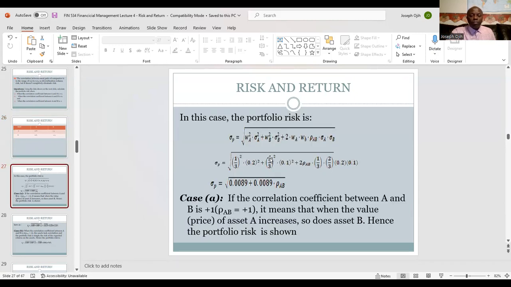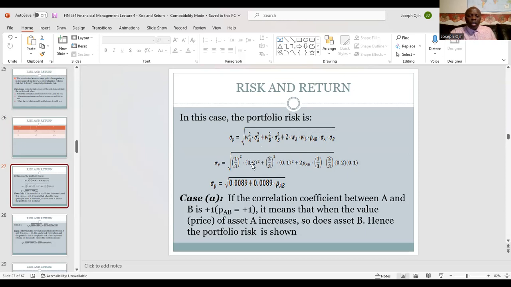So repeat the same process here, put the weight and standard deviation, but we don't have any value for the correlation, so we'll leave it the way it is. Let's figure this part out.